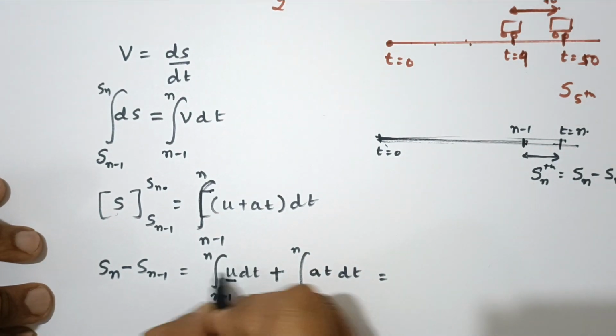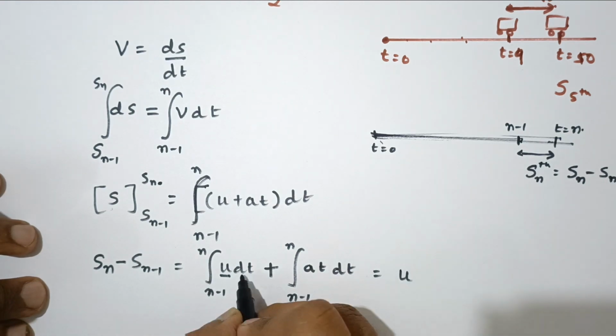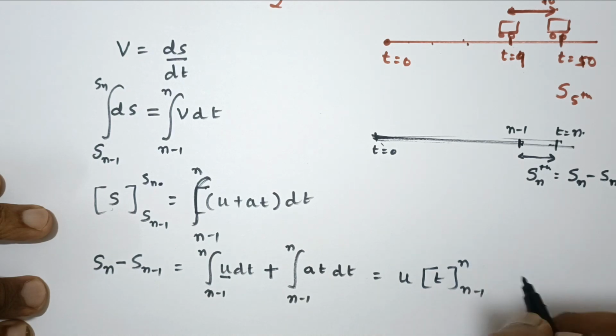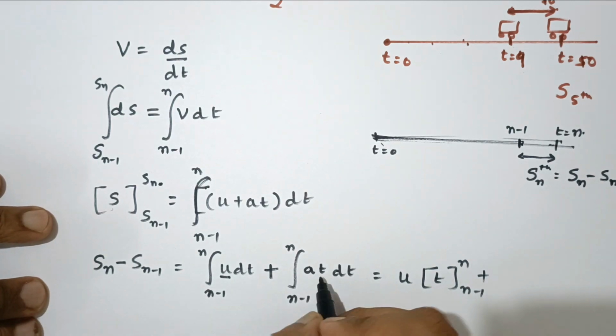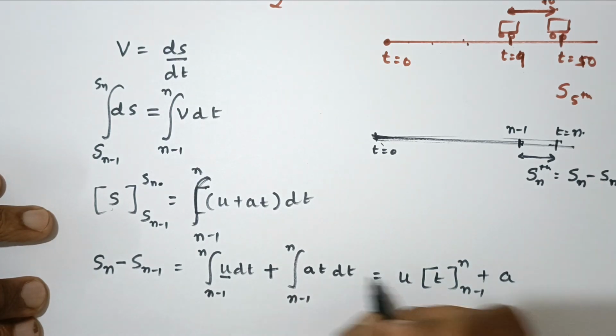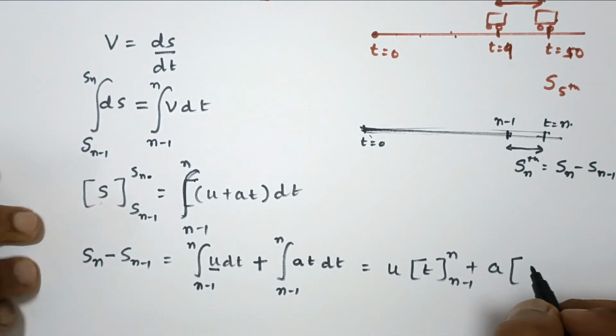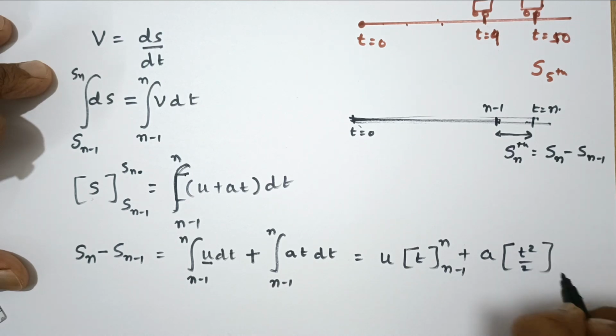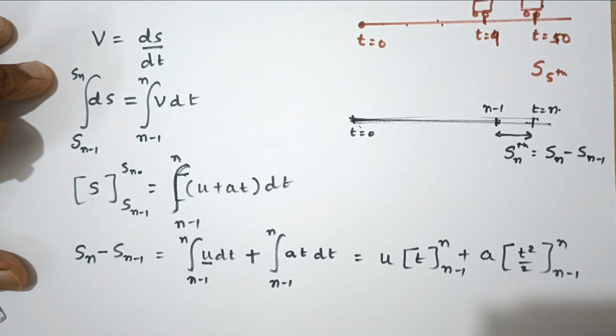This u is constant, so I'm going to pull it outside. Integration of dt is t from n minus 1 to n, plus a, which is a constant, times the integration of t, which is t squared by 2, from n minus 1 to n.